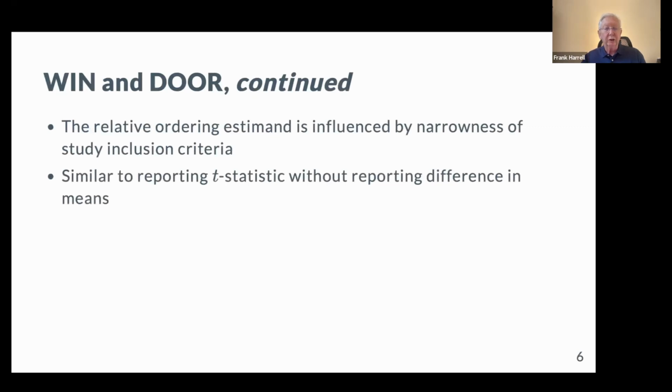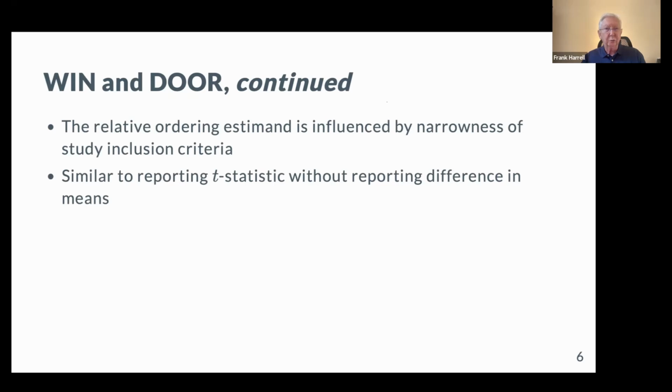The relative ordering estimate is influenced by the narrowness of the study inclusion criteria. So if you had a narrower range of outcomes on some sort of grand scale, then your probability of B being better than A will shrink. So it can be a function of the inclusion criteria.